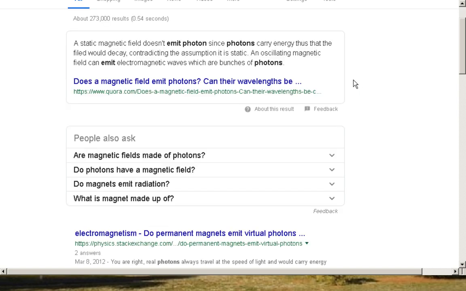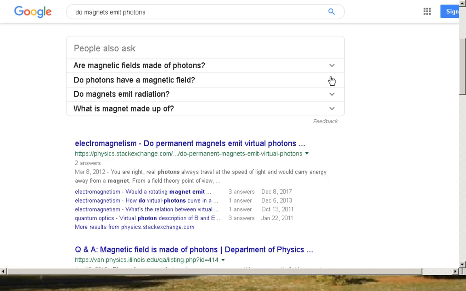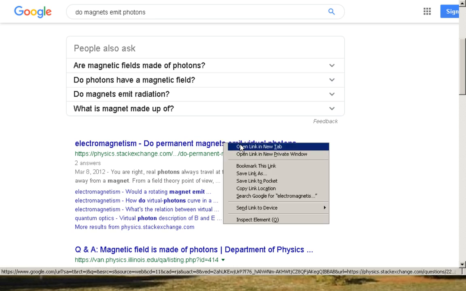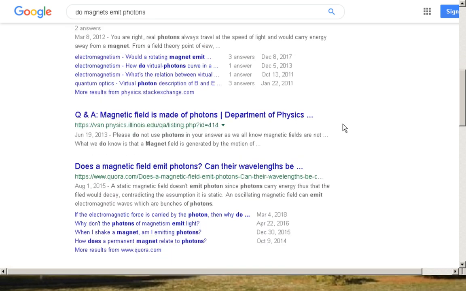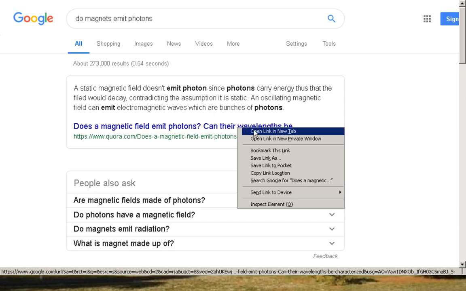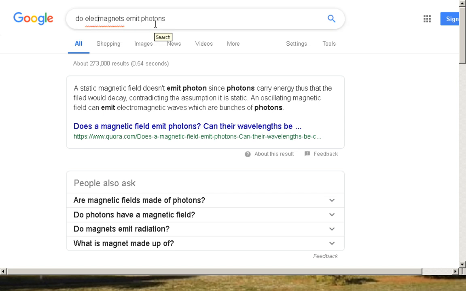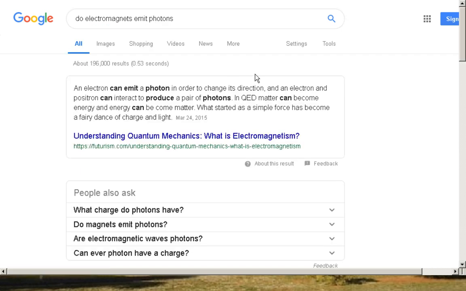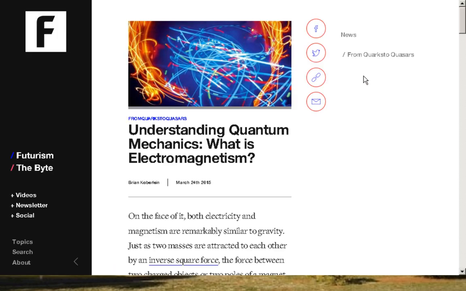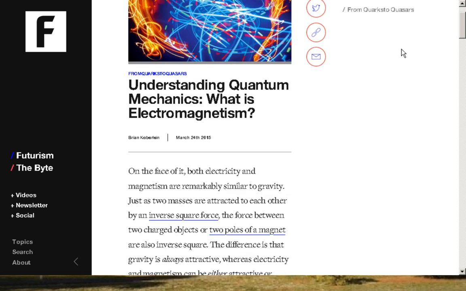Now see. Maybe it has to be electromagnets. Let's look at this one here. This forms the basis of everything that I'm studying in interdimensional communications.